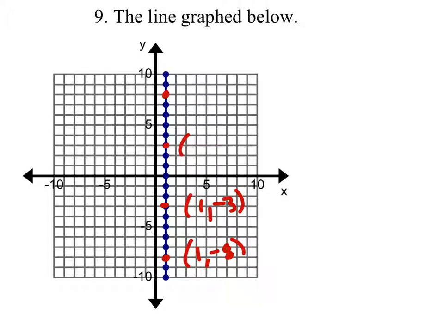This one is (1, 3). And then (1, 8). Or this point even, (1, 5). We can see in all these points that the x value is 1, no matter what the y value is. That's okay. They don't have to be opposites. So what this means is that x equals 1 no matter what. So that will be our equation.